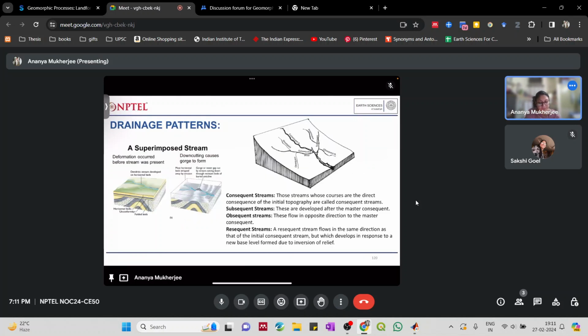Now over here, this is an observation of how different kinds of drainage patterns can occur together. So this is the consequent river stream that is going. These are the direct consequence of the initial topography. Subsequent streams develop after the master consequent.